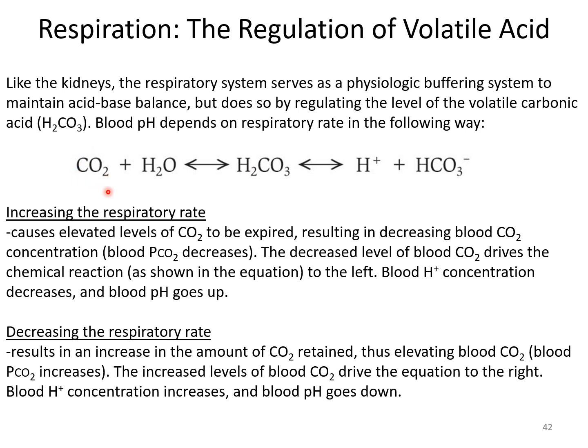Okay, so look at that in relationship to what I just said. We're breathing at a really fast rate. We exhale a lot of CO2. So our blood CO2 goes down. So which way are we going to drive the equation? This went down. We need it to go back up, so the equation is going to go to the left.